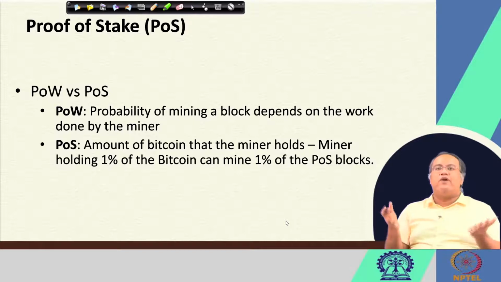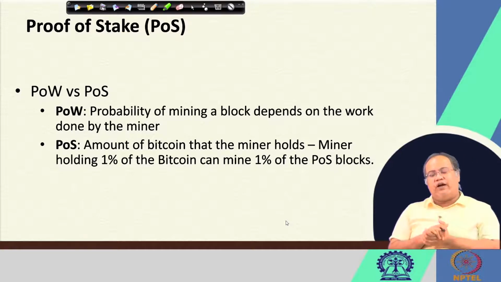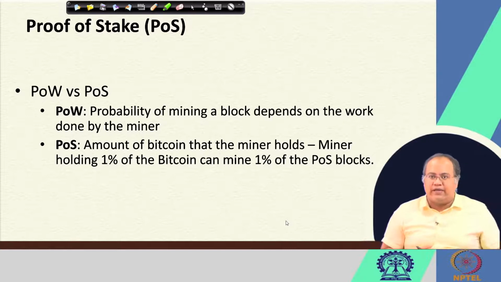Now, when the money is equally distributed, the amount of money you are holding determines the percentage of time you can be the leader. If you are holding 1% of the total money, you can contribute to 1% of the decision making process. It is similar to shareholding, right? If you are holding 1% of the share, then you can take the decision for 1% of the cases. So this is the core idea behind proof of stake.